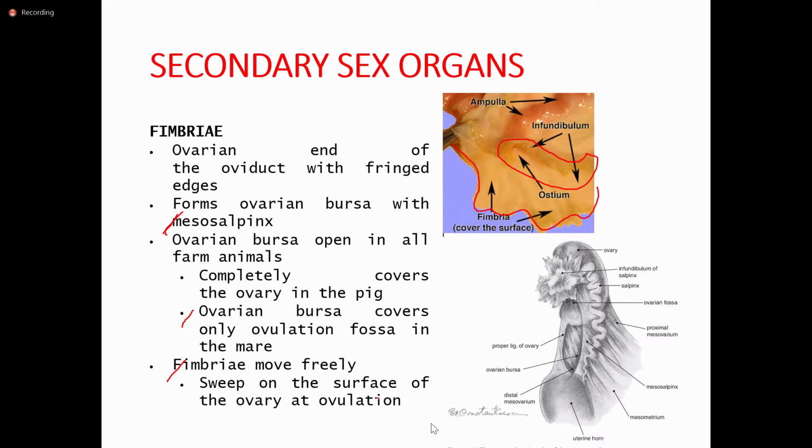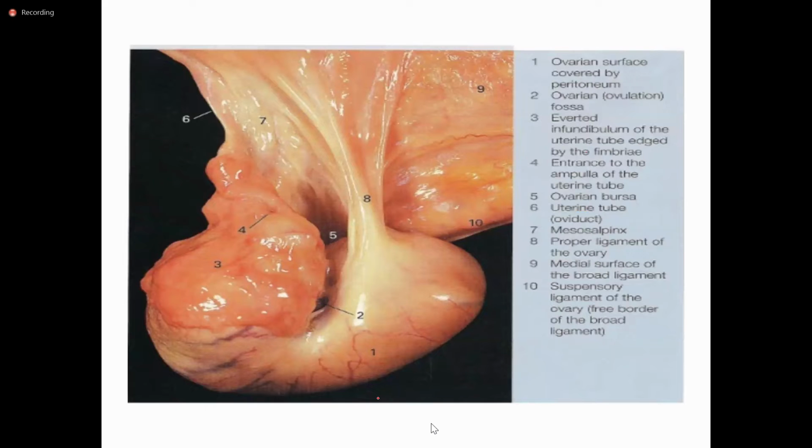Okay, and this is another picture of the ovary of the horse. Please do take note of the size. It is kidney shaped. And this number 2 is the ovulation fossa. And number 3 here is the fimbria.